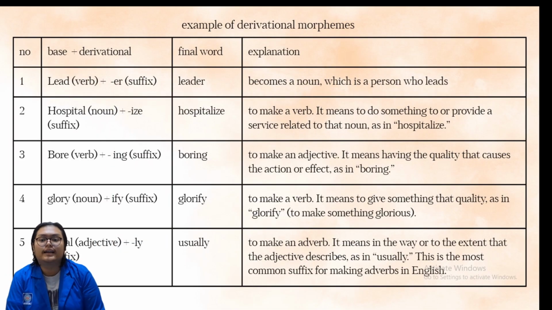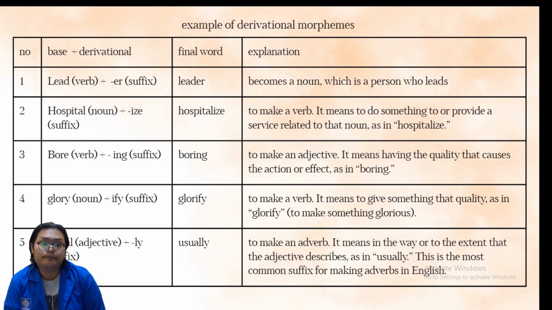The first one: lead, verb plus the suffix -er. The final word is leader. It becomes a noun, which is a person who leads. Second, hospital, noun plus the suffix -ize, hospitalize.